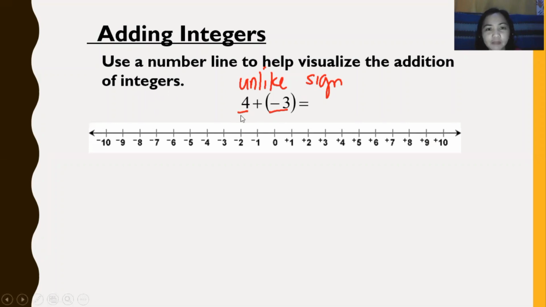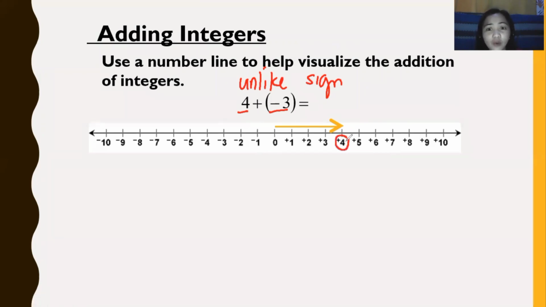The first given is positive 4, therefore we will count 4 units from 0 to the right, and that is positive 4. And then we are going to add negative 3. Since it is a negative number, the direction of our arrow is going to the left. So papunta tayo sa left. Now we are going to count from positive 4.